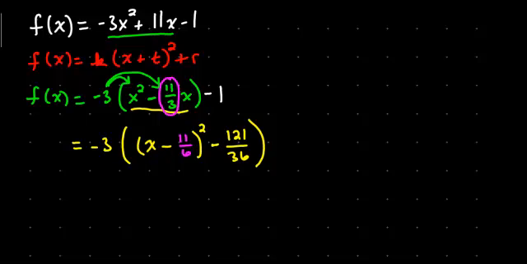So that is my minus b over 2 squared. 11 sixths squared is 121 over 36. And then I still have my minus 1 out here. So I've completed the square.